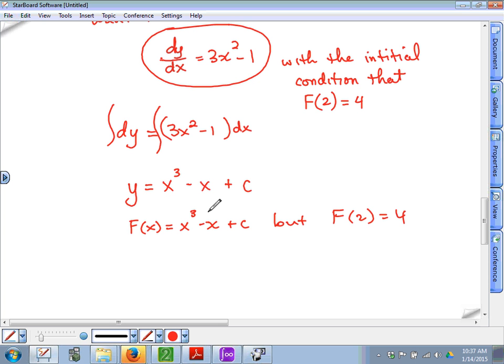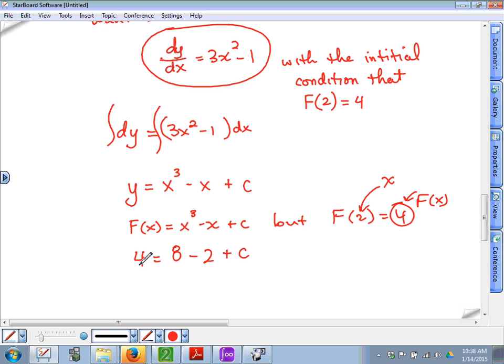So capital F of x, that's going to be 4 equals 2 cubed, 8, minus 2, plus c. 8 minus 2 is 6.